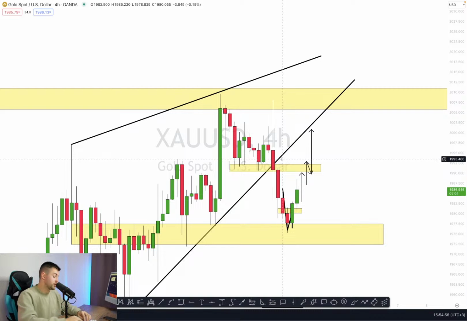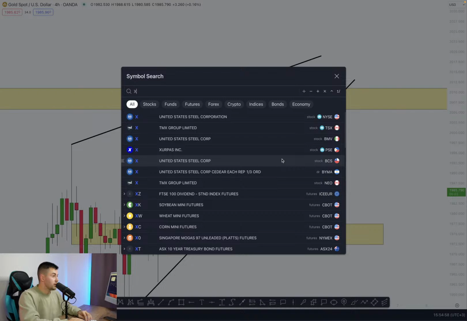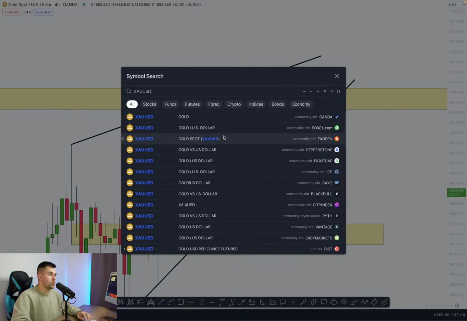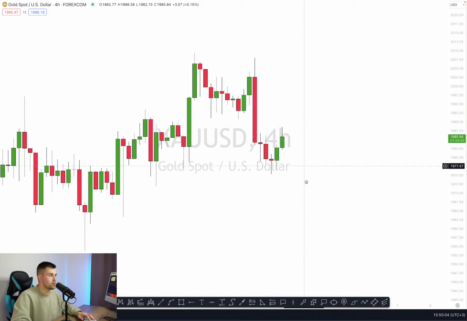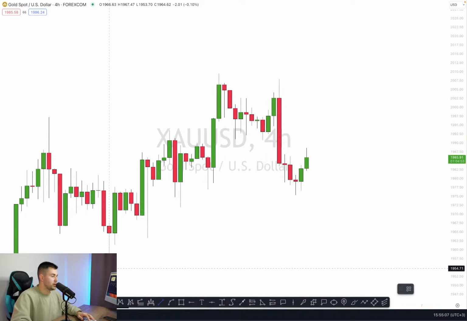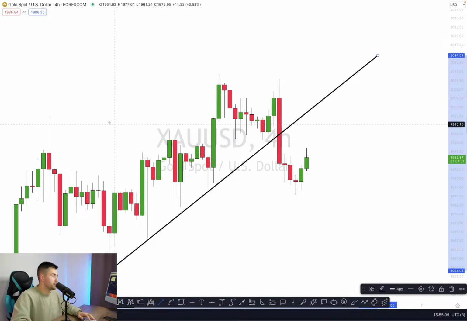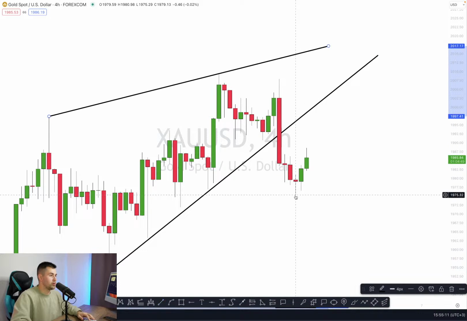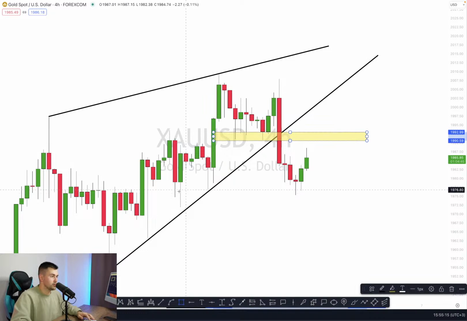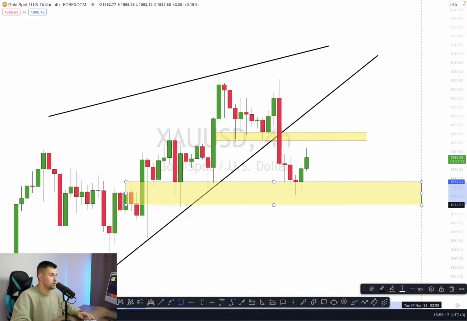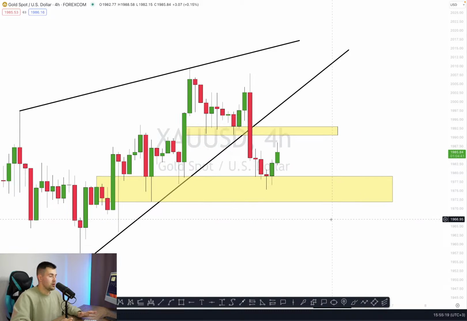Now, I promised to check the minutes time frames, so we will open the naked chart so the chart wouldn't be so messy. What I want to add here, I just want to bring back our structures. Here's our resistance, here is our support. That is what we need for analyzing the 30 and 15 minutes time frames.